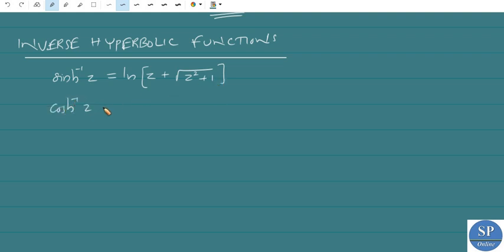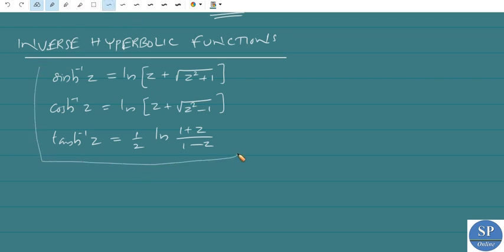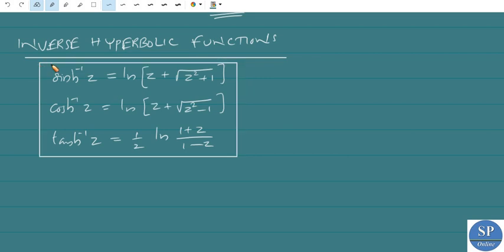Cosh inverse of z, inverse hyperbolic cosine, is given by ln of z plus square root of z square minus 1, and tanh inverse of z is nothing but 1 by 2 into ln of 1 plus z divided by 1 minus z. Okay. So these are the inverse hyperbolic sine, cosine and tangents. Okay.